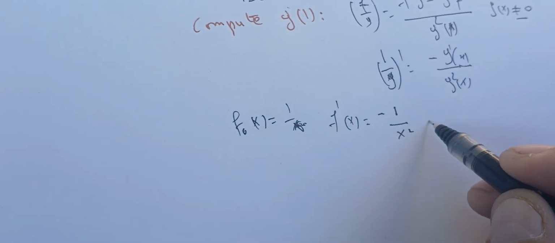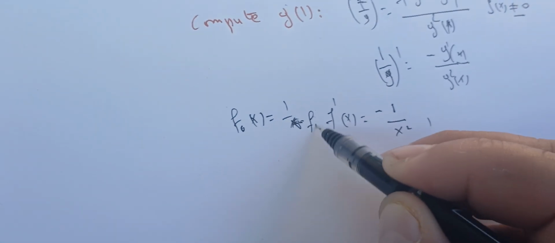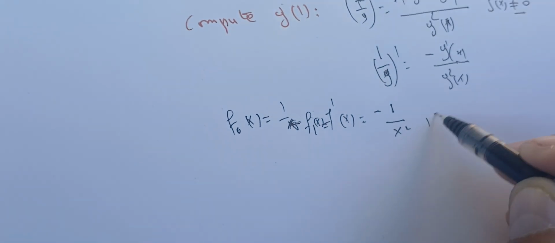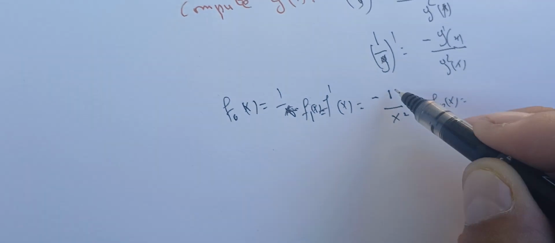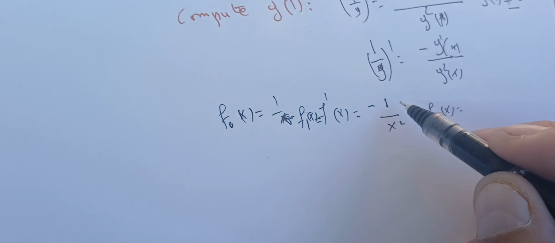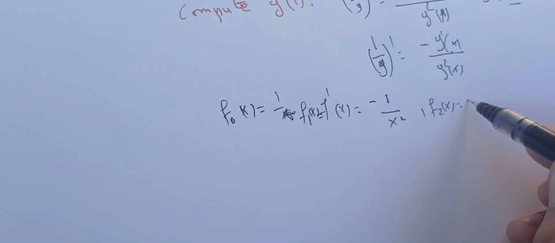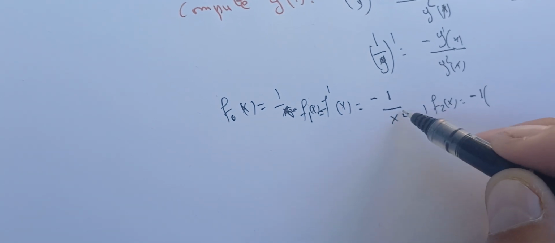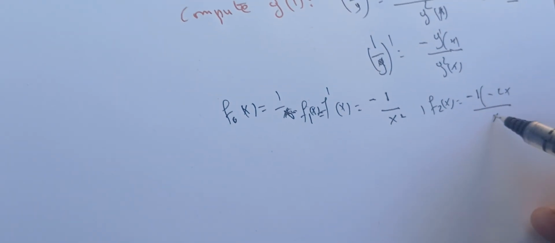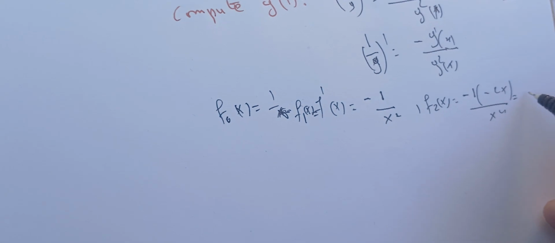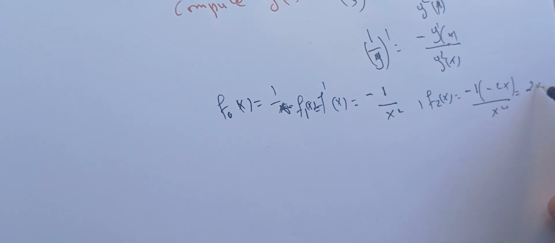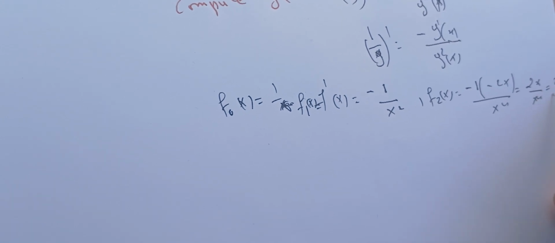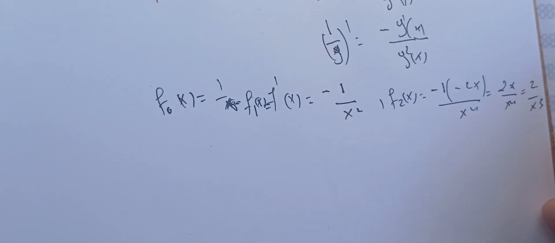Okay, if I do the second derivative, this is f1. So this is the notation used, f1. f2 is the second derivative of this first derivative. So that means to find it, I need to keep this minus 1, and the derivative of x squared, which is 2x, over x to the power 4, this gives me minus times minus, so 2x over x to the power 4, or 2 over x to the power 3.